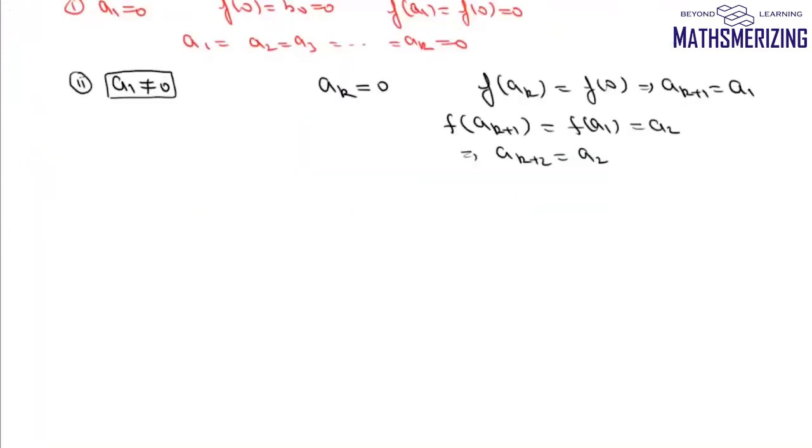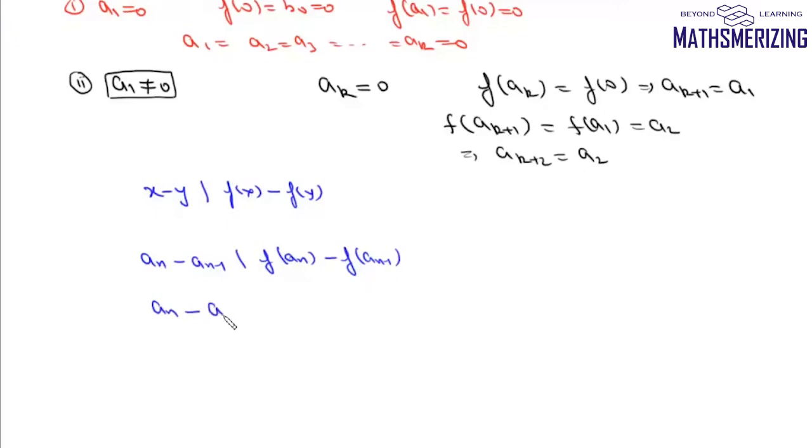Now for polynomial functions with integral coefficients, we have this result that x minus y divides f(x) minus f(y). Using this result, we can say that for any n, an minus an-1 divides f(an) minus f(an-1). Now f of an is an+1 and f of an-1 is an. So an minus an-1 divides an+1 minus an.